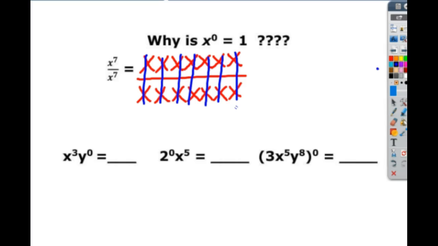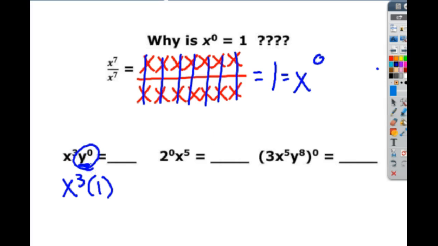When you divide something by itself, it's equal to 1, but it's also equal to x to the 0 power, because after I canceled them all out, how many x's do I have left? None. And so anytime you have anything raised to the 0 power, that's equal to 1.